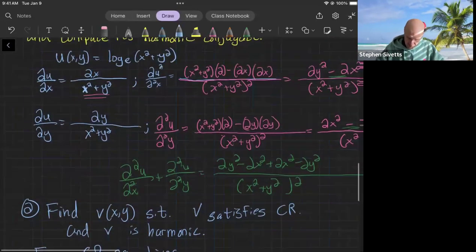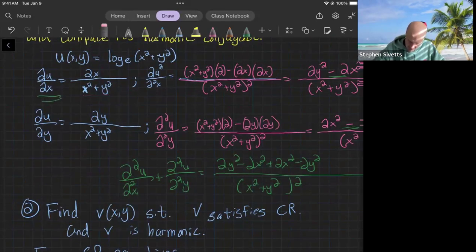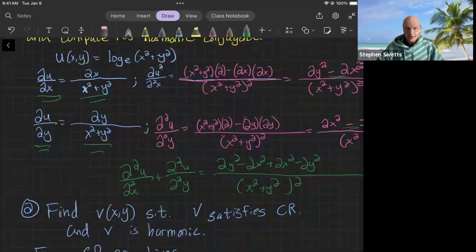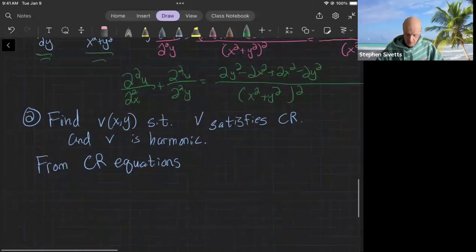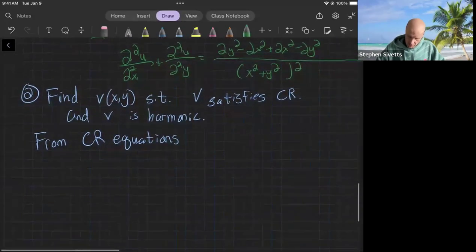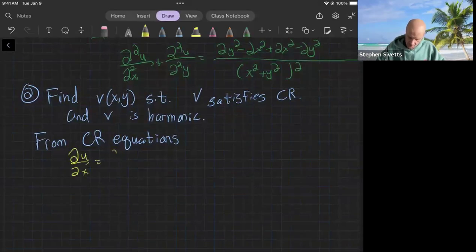Okay, so from the Cauchy-Riemann equations, we have here that the partial of u with respect to x should equal this quantity here, right? And we also know that the partial of u with respect to y equals this. So from the Cauchy-Riemann equations, the partial of u with respect to x equals the partial of v with respect to y.